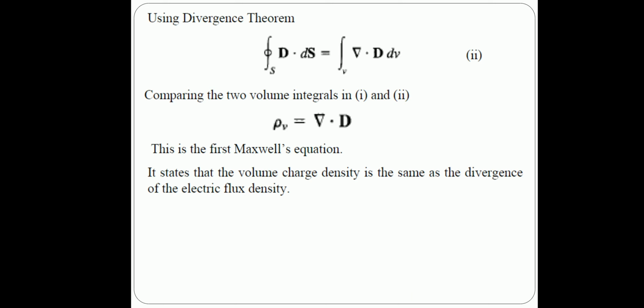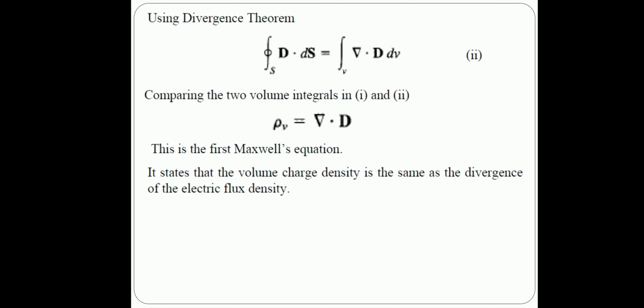While finding this divergence, you check which coordinate system we need to use. According to the coordinate system, you can find the divergence of the electric flux density to obtain the volume charge density.